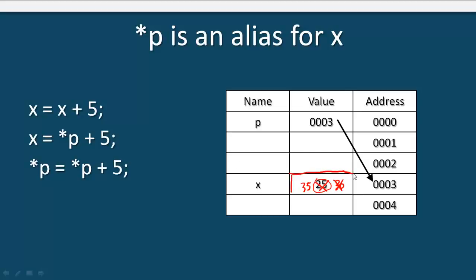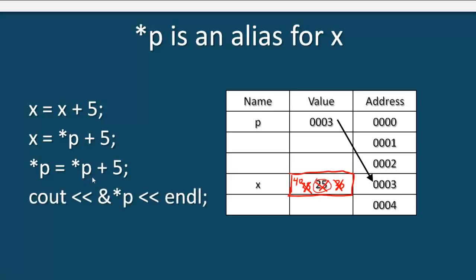So we're designating this particular location where we want to store a particular value, just like what we had with x. So we would have 35 plus 5, which would be 40, and store it at that particular memory location. So you can see that this dereferencing of this pointer P is serving the exact same purpose as this variable x. They have the same meaning.